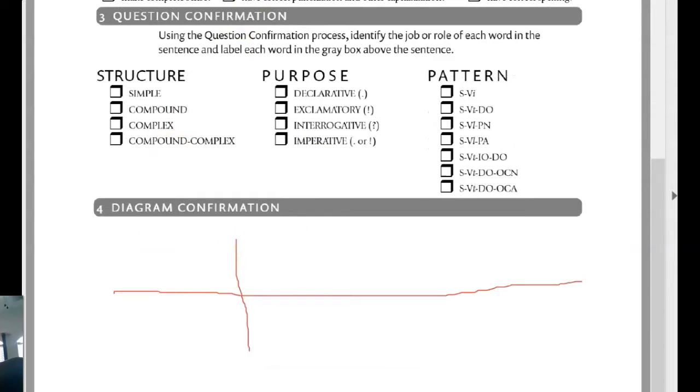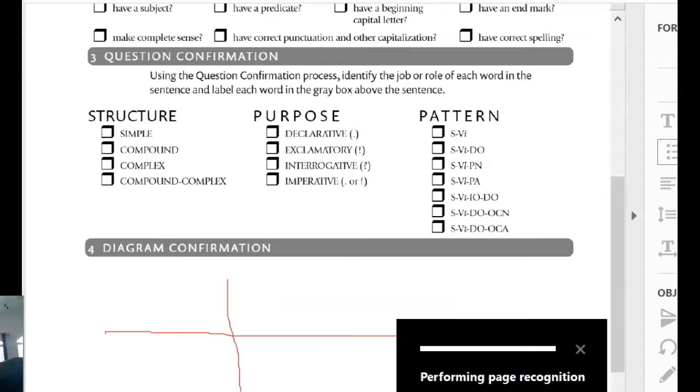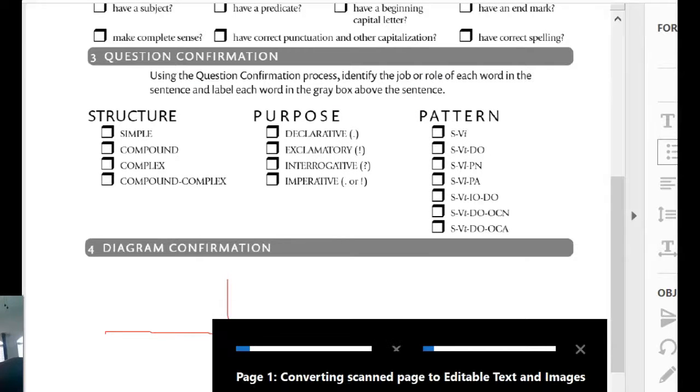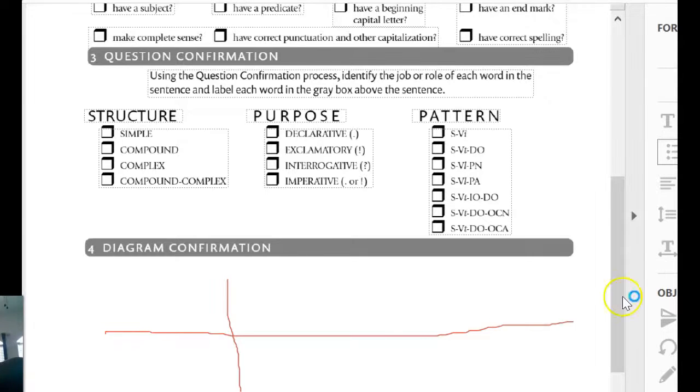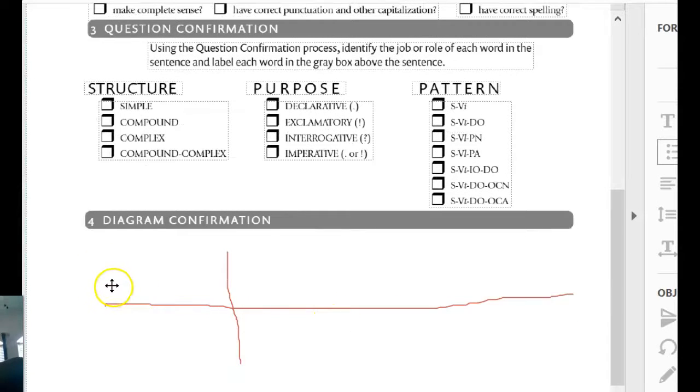And then the last thing that you're going to do here is your diagram. Okay, so I have put the lines in here. Yours is blank, but we diagram on a horizontal line that is bisected by a vertical line, okay? And the vertical line goes all the way down here at the beginning.